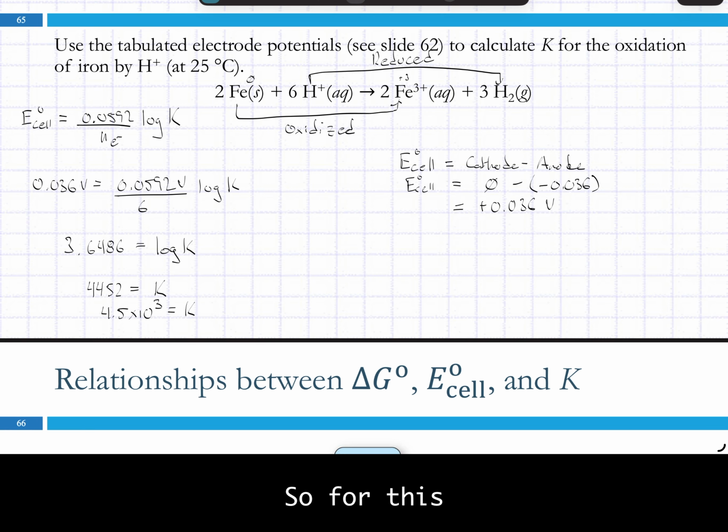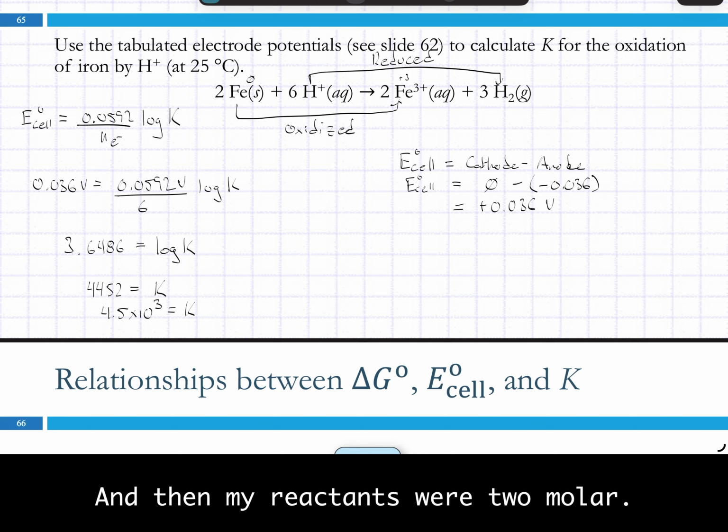So for this previous reaction, I made my products 0.01, and then my reactants were 2 molar.